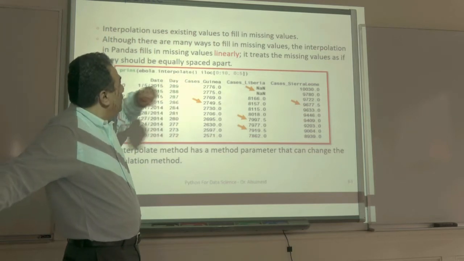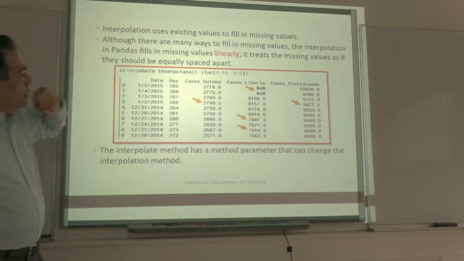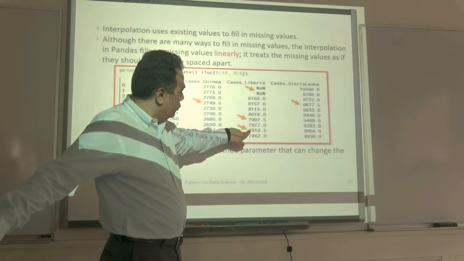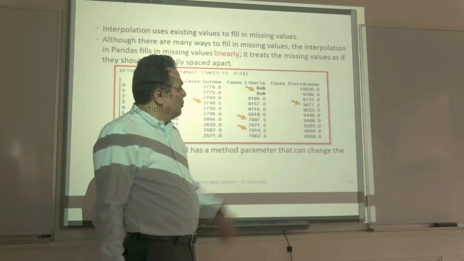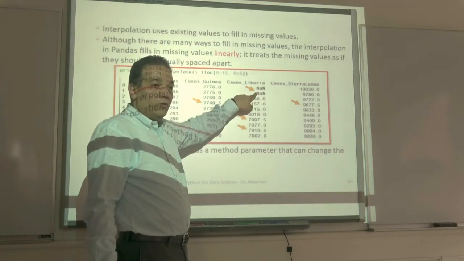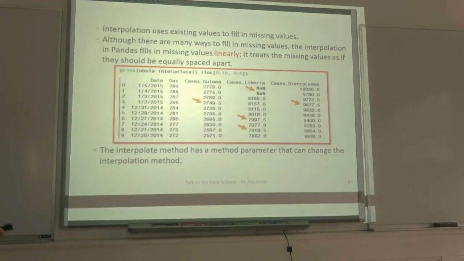So it's like you calculate the missing values linearly. In here, for example, you take this and you average. In here, you take this and you average. Right, in here, can I do it? There's no value before it, I cannot do it. So how can I average, right?